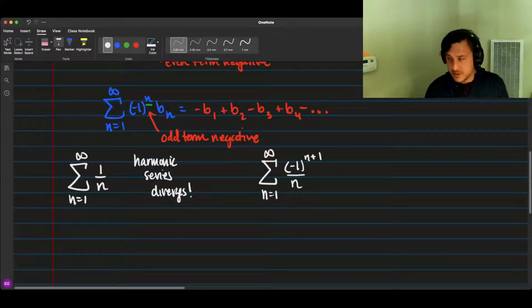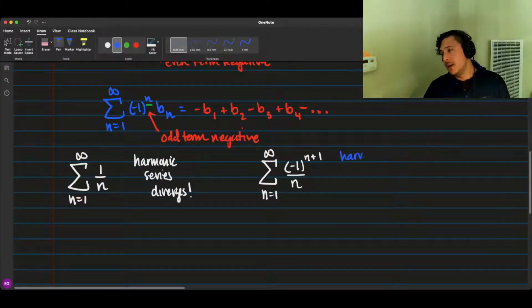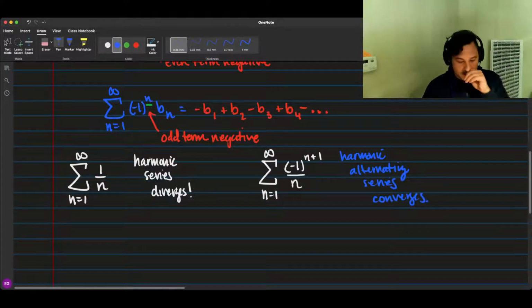I guess we won't prove this. I'm just going to tell you, the harmonic series diverges, but the harmonic alternating series converges. And we're going to explore why this happens. And actually, let's sort of go through it.